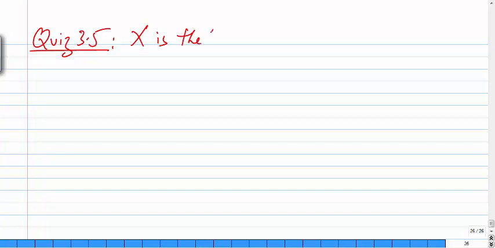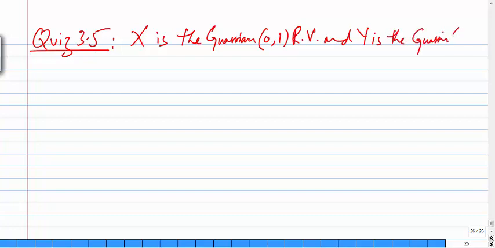Now let's do a quiz. Quiz 3.5 says that X is Gaussian with 0, 1, so it is actually a standard normal random variable, and Y is also Gaussian with 0, 2 random variable.